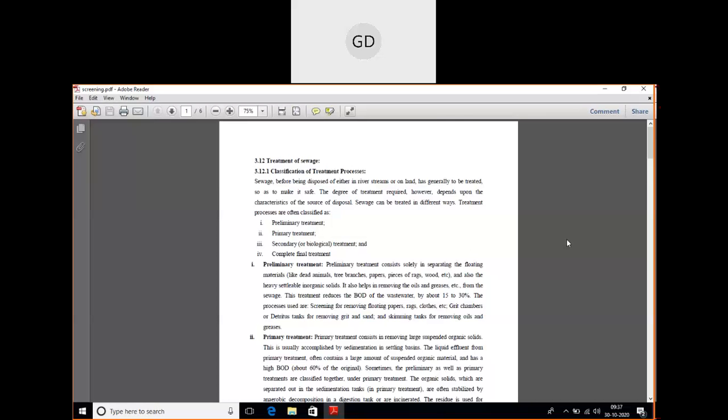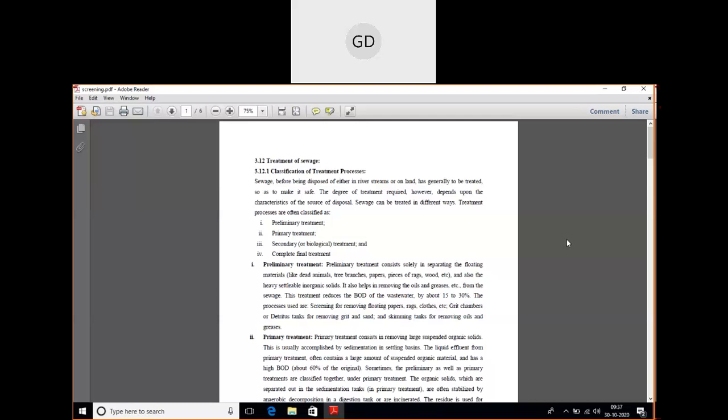The secondary treatment is generally accomplished by the biological decomposition of organic matter.